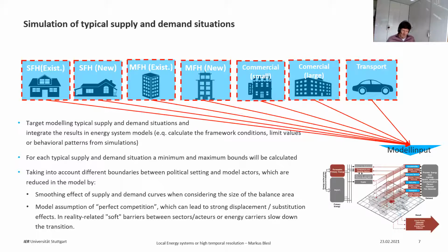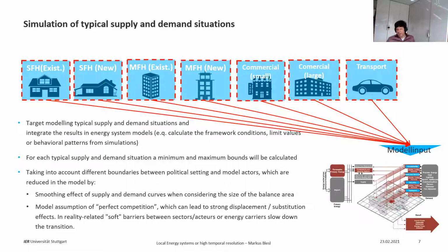We have developed for all the typical demand and supply situations simulation models on an hourly basis for the whole year or more, and then aggregated or analyzed these results to include them in the model.